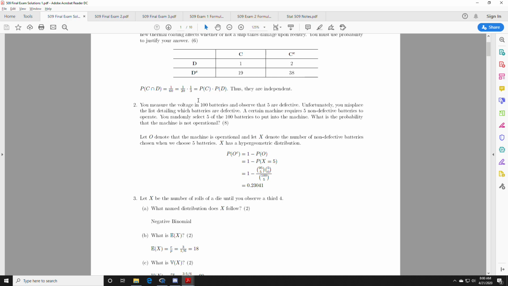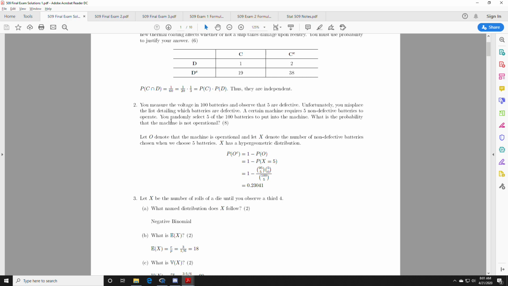First off, we've got a set number of batteries, 100, and we know the exact number that are, say, type 1, and thus, of course, we also know the number that are type 2. In order for this machine to work, we have to have 5 batteries of type 2.